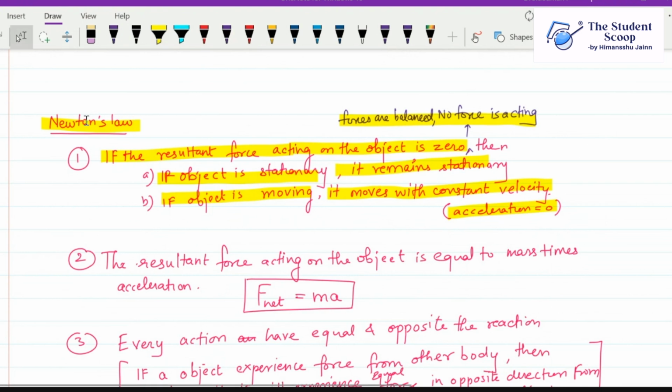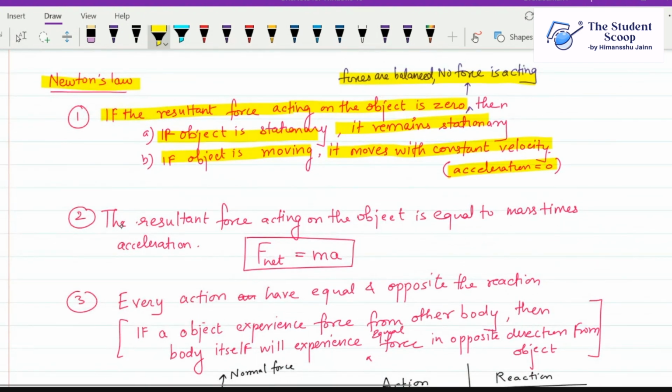The second law says that if the forces are imbalanced, there will be a resultant force in a particular direction. The resultant force acting on an object is equal to mass times acceleration, so we can write net force equals mass times acceleration. The most important part here is the net force.